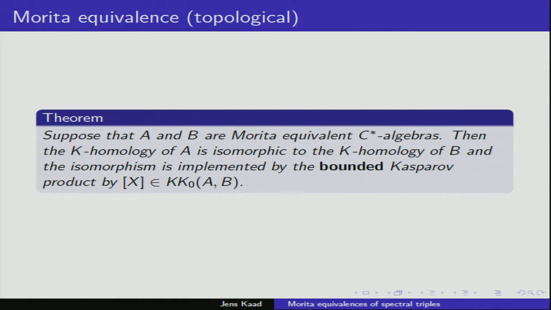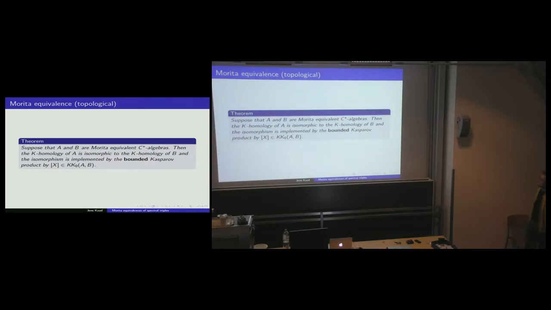So now we have two Morita equivalent sigma unital C-star algebras, and then the K-homology of A is going to be isomorphic as a Z/2Z graded abelian group to the K-homology of B. And moreover, this map from the K-homology of A to the K-homology of B is implemented by the bounded Kasparov product.